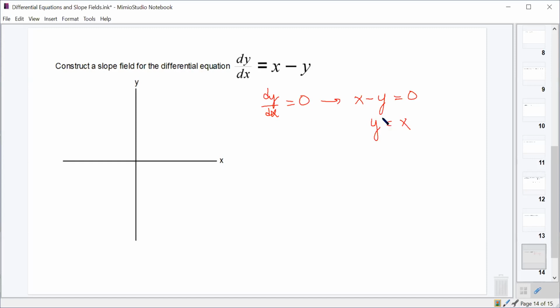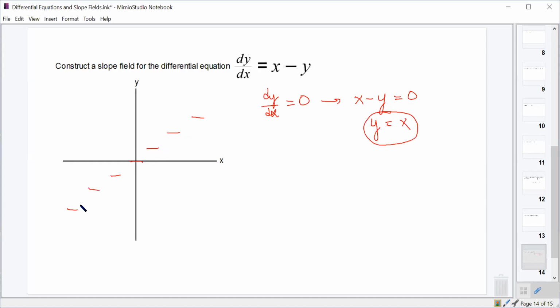And so that's telling us that anywhere along the line y equals x, any point that falls on that line, the slope should be 0. So along the line y equals x, we're just going to draw a bunch of lines that have a slope of 0.